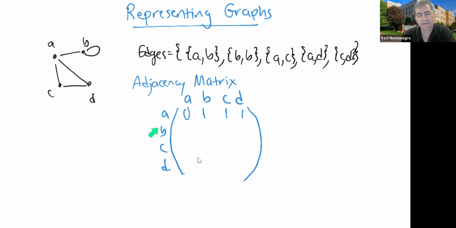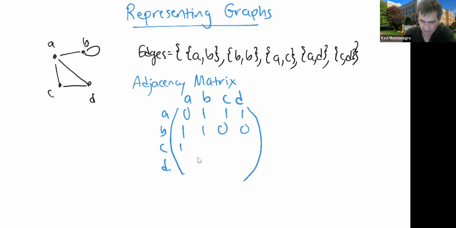And then looking at the second row, if there is an edge from B to A, a 1 will go there. From B to B, a 1 would go there. An edge from B to C would result in a 1. But looking back here, there is no edge between B and C. So I get a 0. And you continue in this fashion.